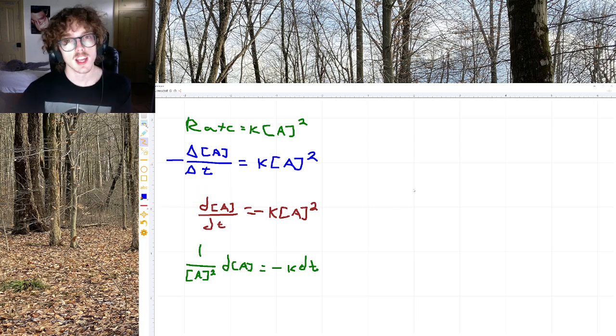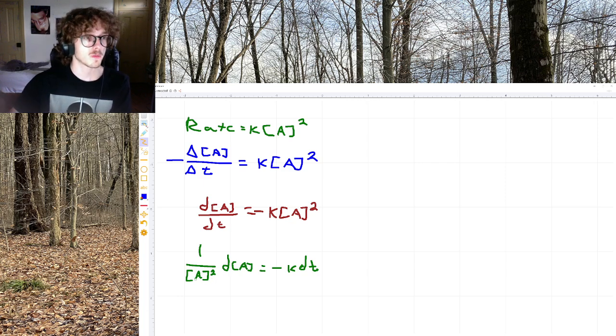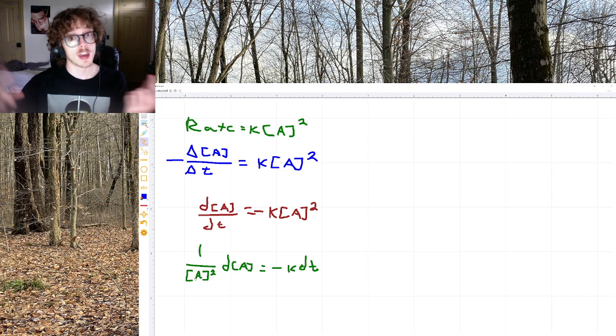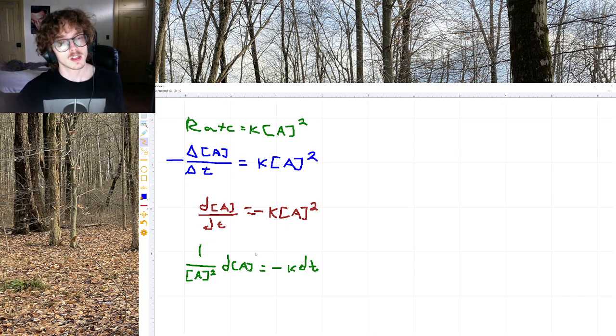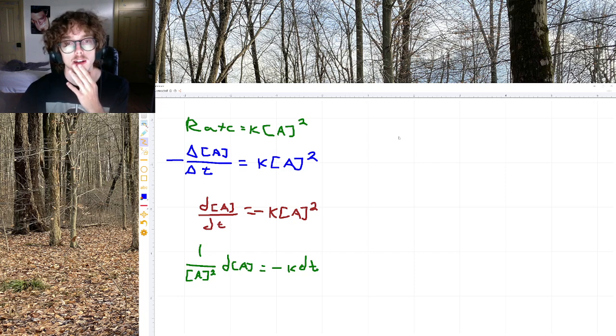This is kind of interesting. It looks just the same, and in fact, the integral is a lot simpler. There's no ln's. It's just A to the negative 2. In calculus, you add 1 to the power and divide by that. Let me denote that we're taking the integral of both sides.